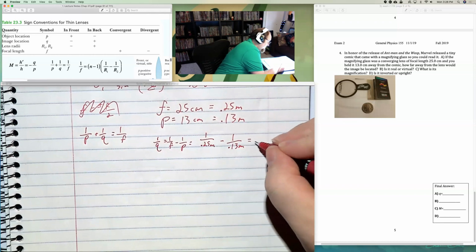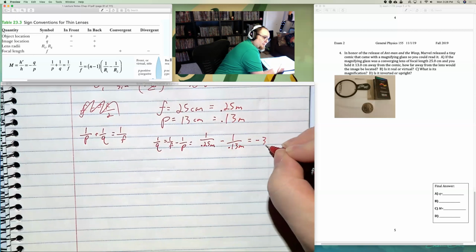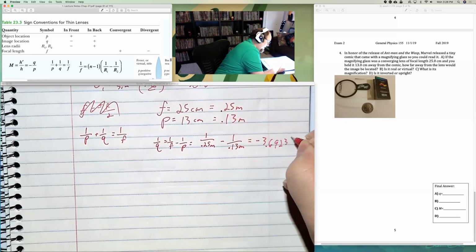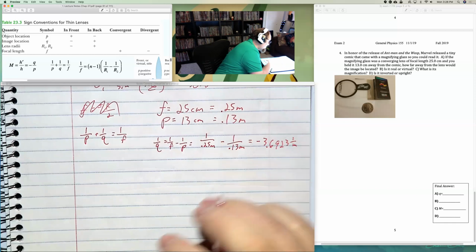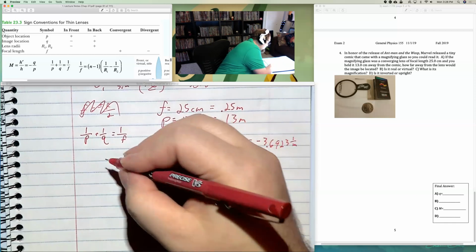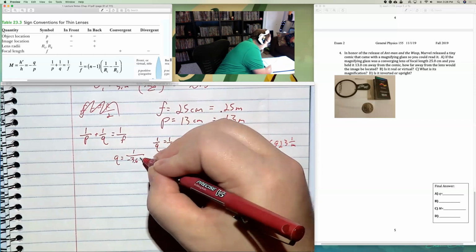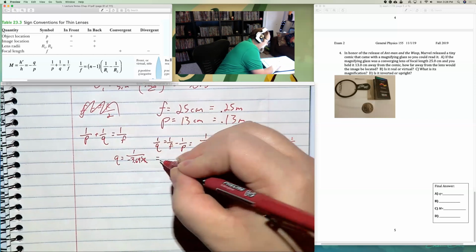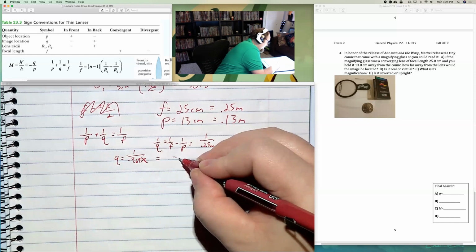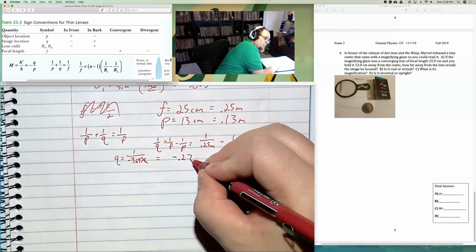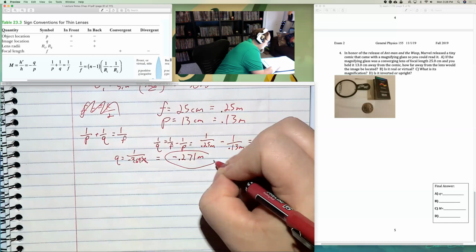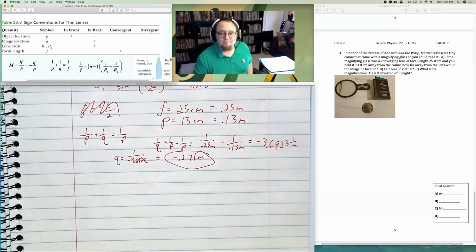That math gives me negative 3.6923 1 over meters. But that's not q, that's 1 over q. So I'll say q is 1 over negative 3.69 1 over meters, and I'll get a value of negative 0.271 meters. And that's my image distance. That's how far away the image is.